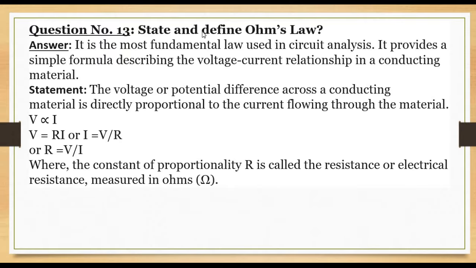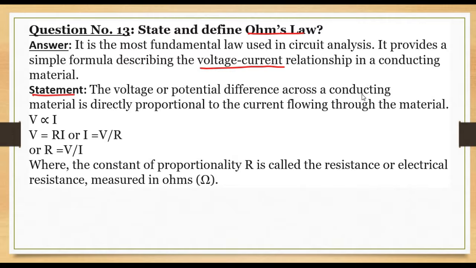Question number 13 is, state and define Ohm's law. It is the most fundamental law used in circuit analysis. It provides a simple formula describing the voltage-current relationship in a conducting material. The statement of Ohm's law is: the voltage or potential difference across a conducting material is directly proportional to the current flowing through the material.